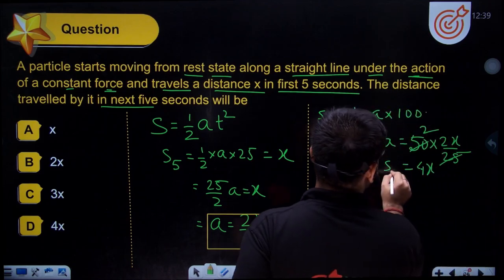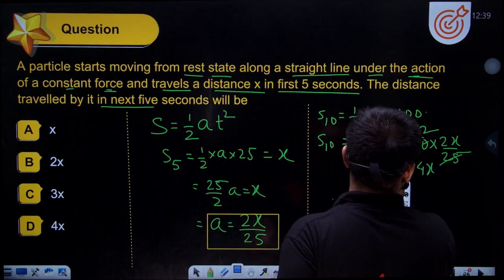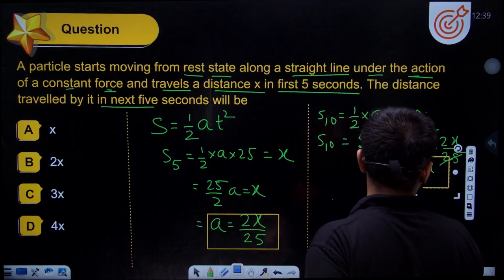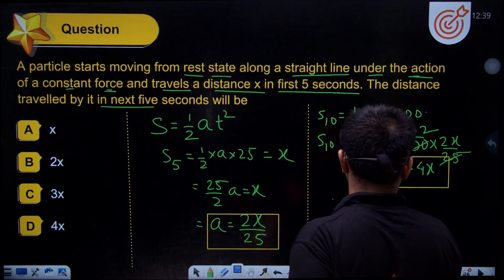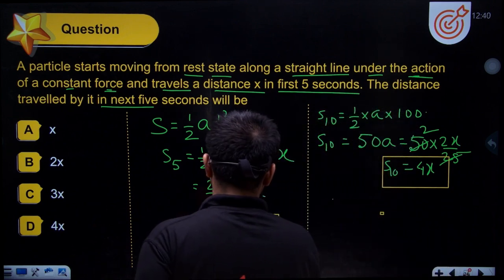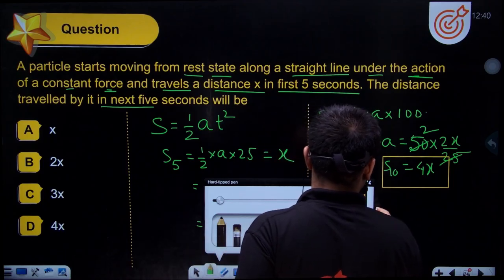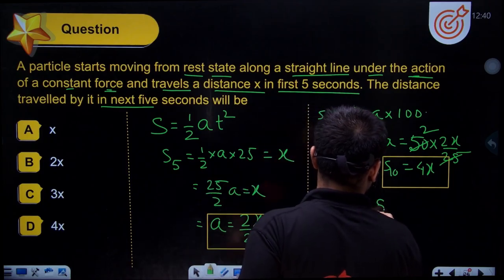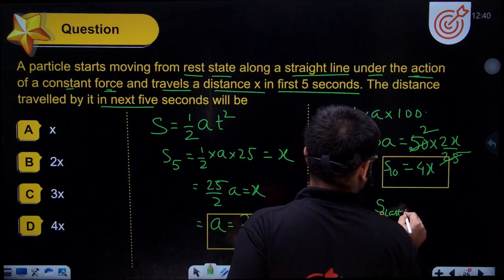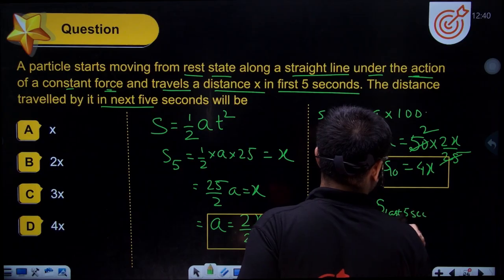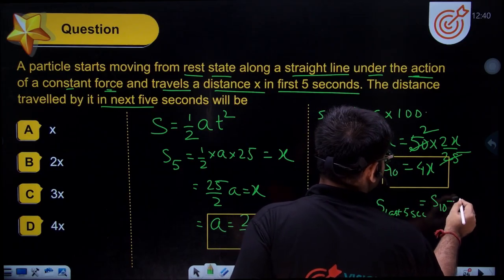So s10 is basically 4x. You have got the value of s10. So s in the last 5 seconds is going to be equal to s10 minus s5.